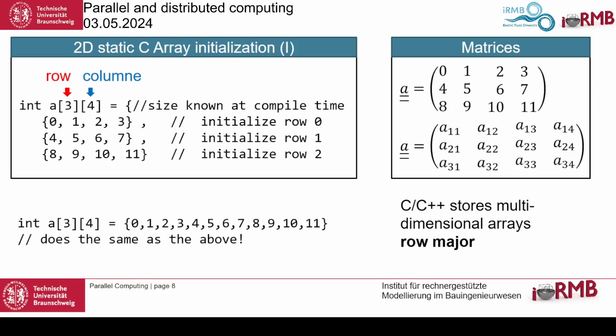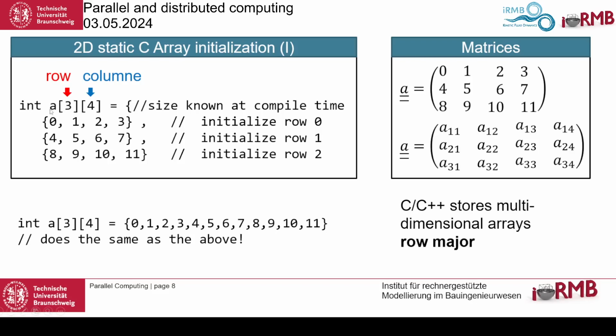So now how is this actually done in usual C style arrays? For example, that would be a static array. So at compile time, the size of the multi-dimensional array is known.